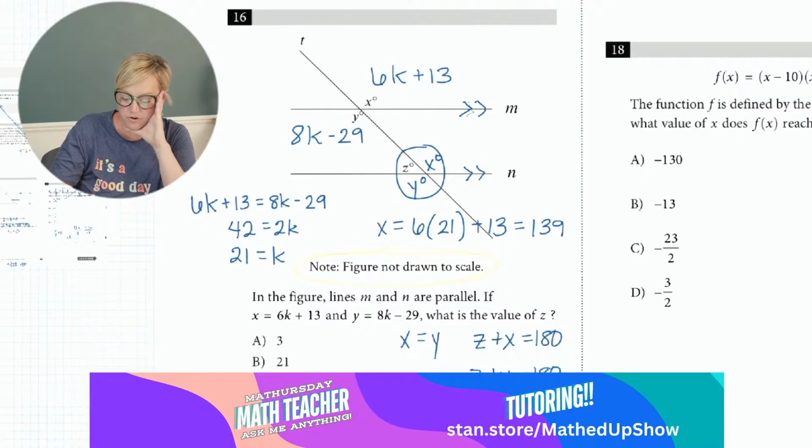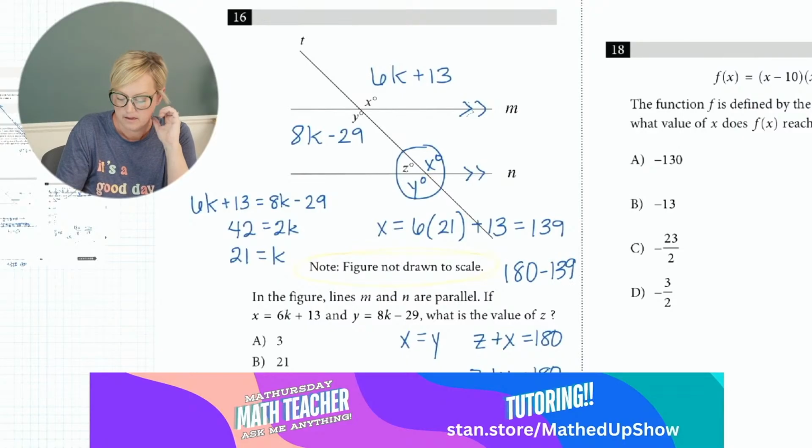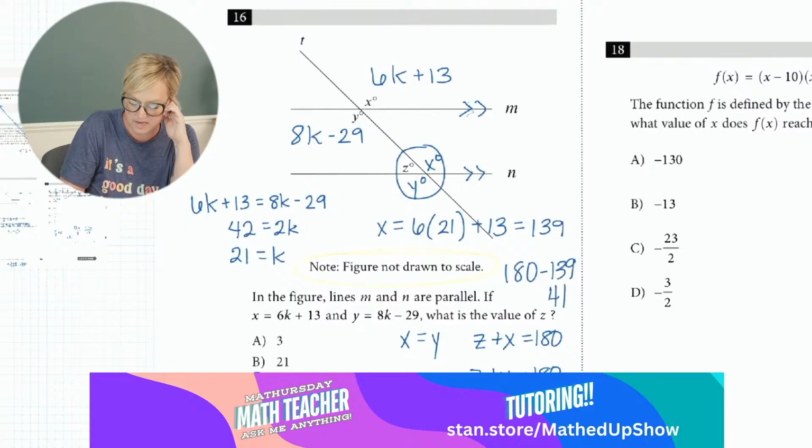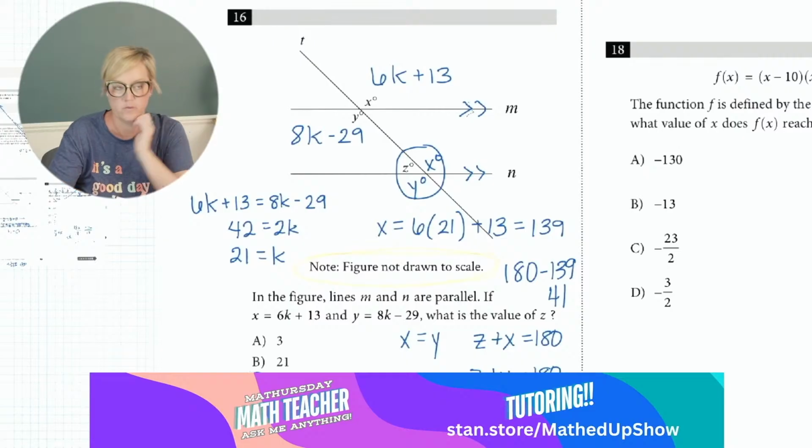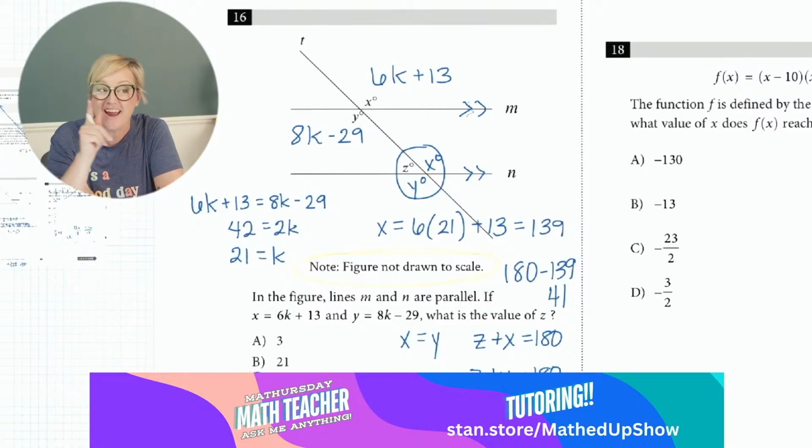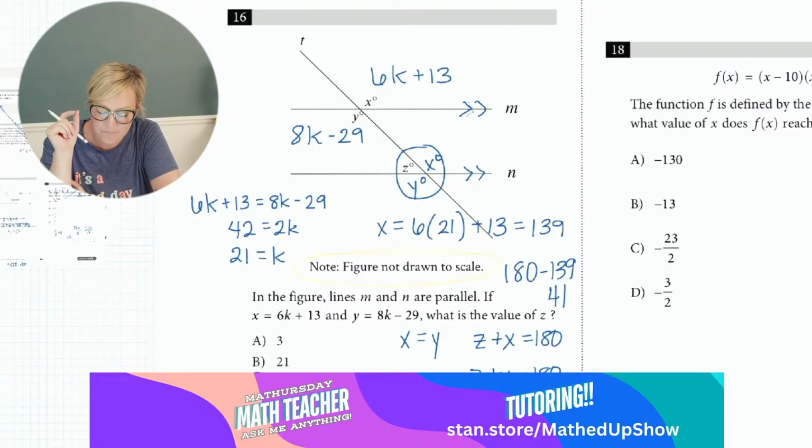And what I do know is that z plus x equals 180. So 180 minus 139 is 41, which gives me z. So z is 41.